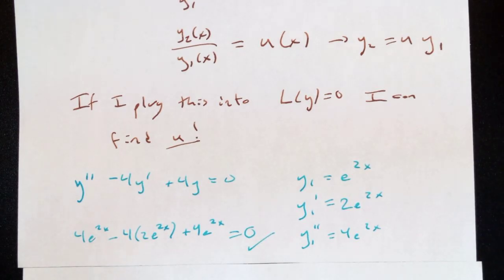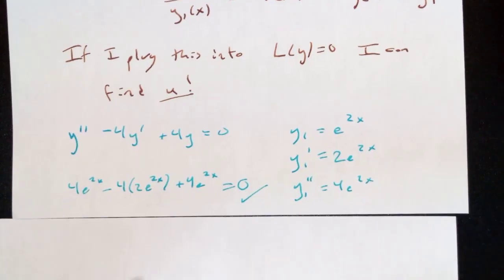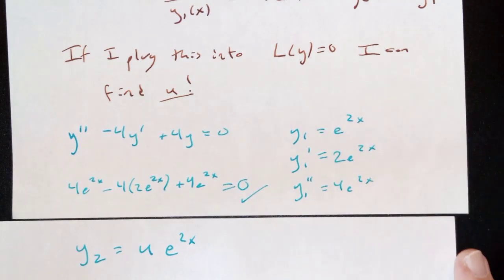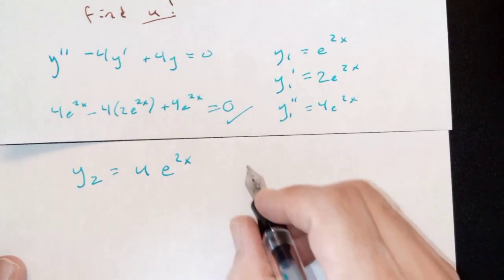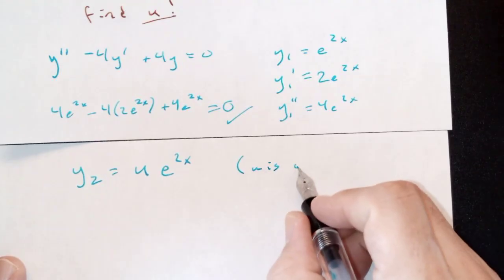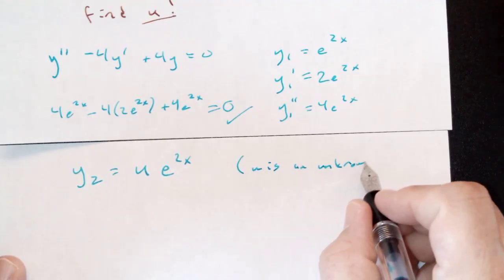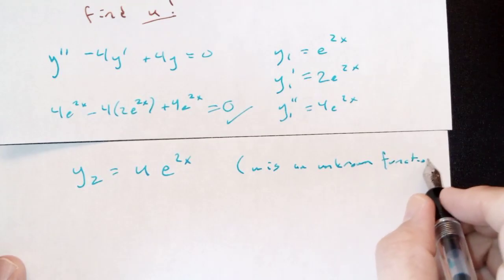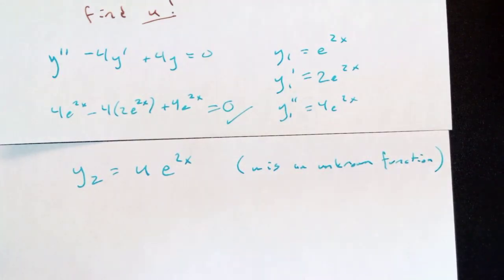So let's assume that y2 is u times e to the 2x, where u is some function. I need you to do the first and second derivatives of y2.